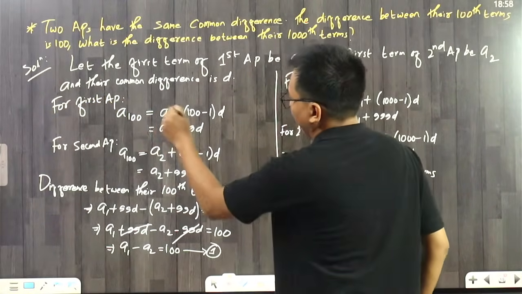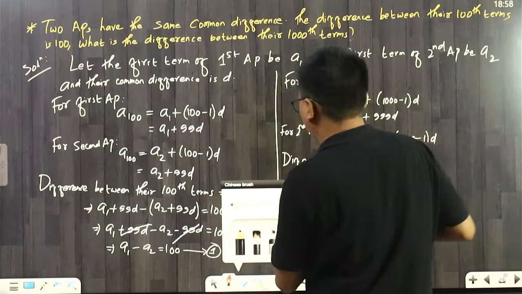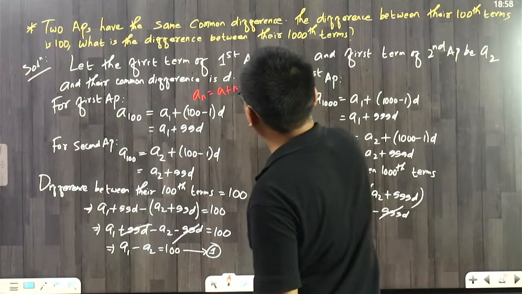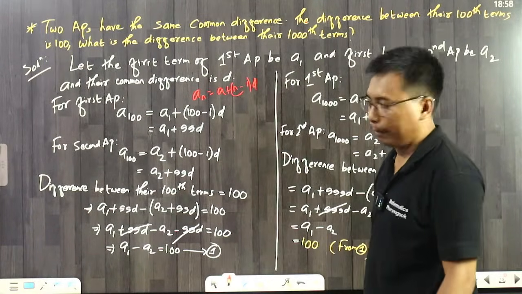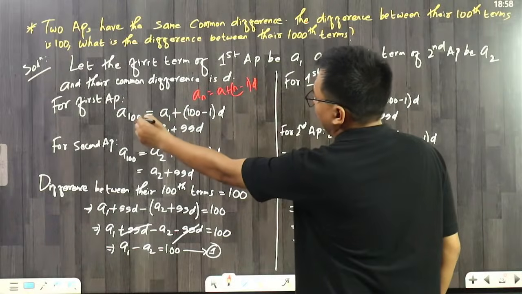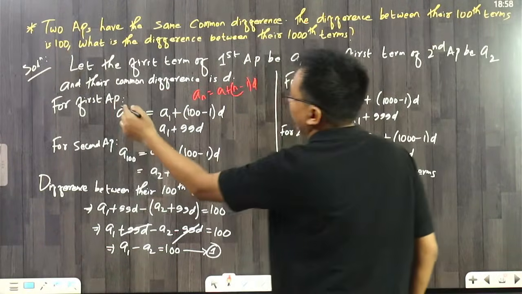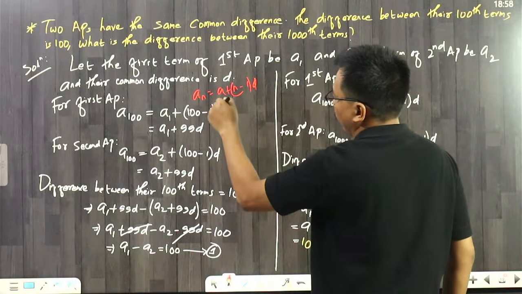Now what is the formula for An? A plus (n minus 1)d, right? This is the formula for An. So in place of n, we need the 100th term. The difference between the 100th terms is 100. So for A100, the first term is A1, 100 minus 1 is 99.